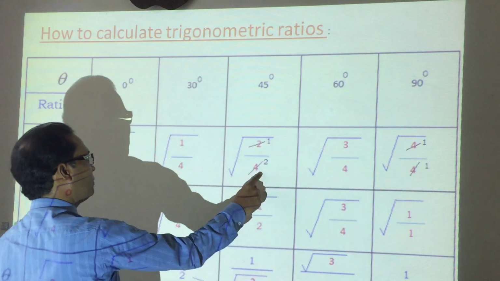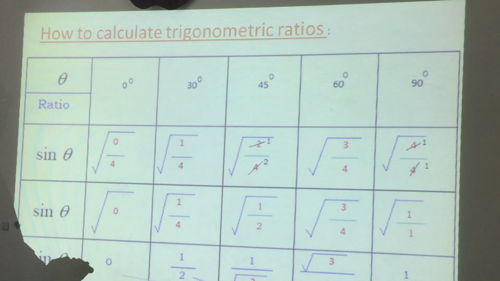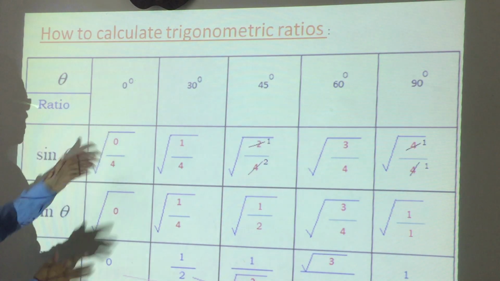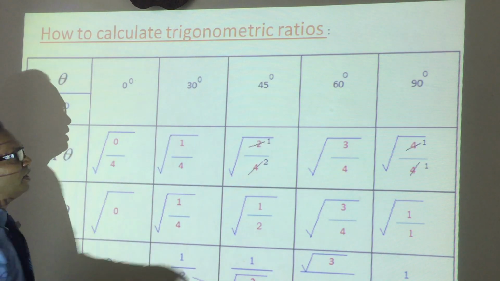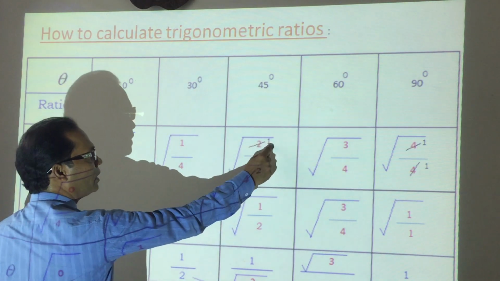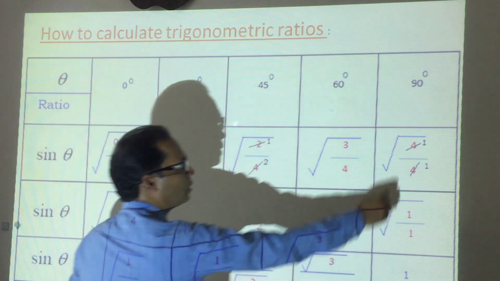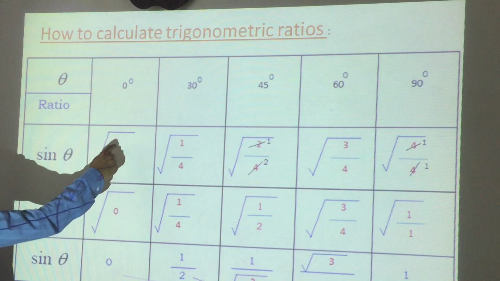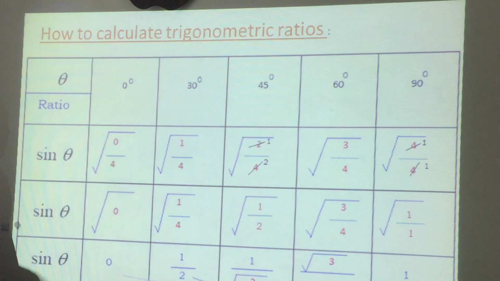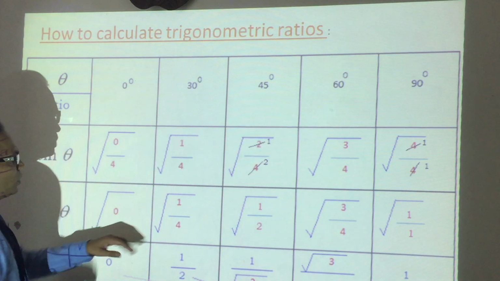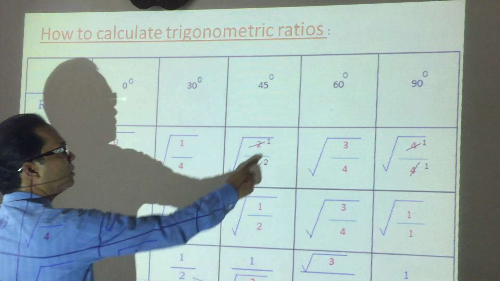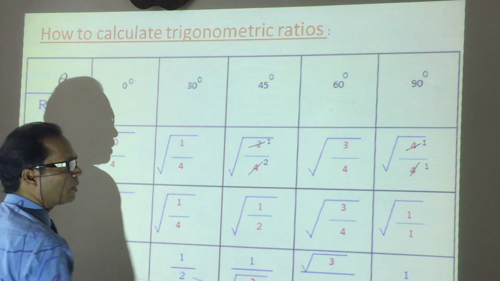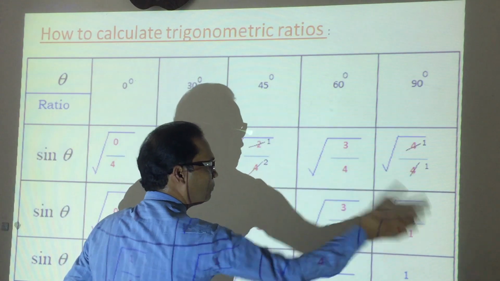Then we simplify: 2 ones are 2, 2 twos are 4 and 4 ones are 4. So when you divide 0 by 4, you get 0. 1 by 4, I have written as such. 2 by 4 simplifies to 1 by 2. The rest is the same, and this one simplifies to 1.